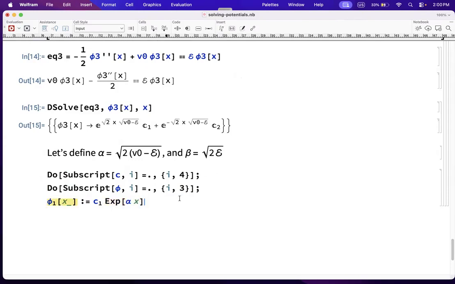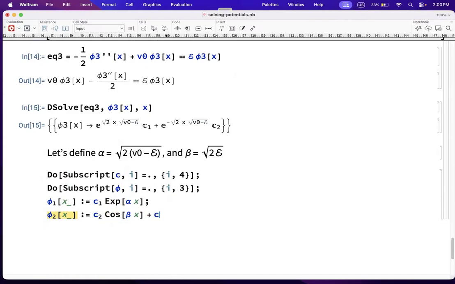Then phi sub 2 of x is equal to C sub 2 cosine of beta times x. Remember to put the space in between beta and x, so x has to become green, by the way.